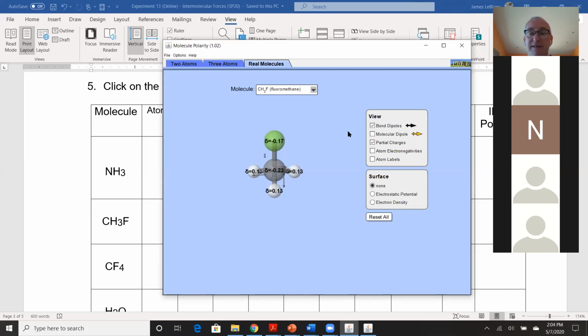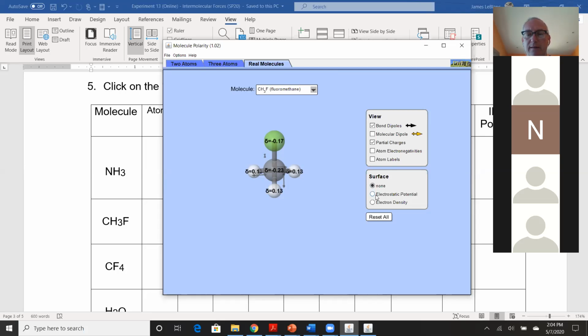So you can take down that there are bond dipoles, but strangely, the dipole between the fluorine and the carbon actually points toward the carbon, which is odd. You would not expect that. You can see it here. It's really small, really weak, but it's there.